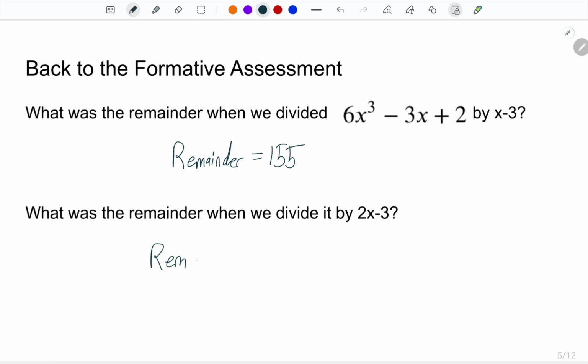And if you did 2x minus 3, it wasn't a nice number, but it's what our calculators are for, 71/4. Okay. So to get those remainders, you had to go through and do that long division process.